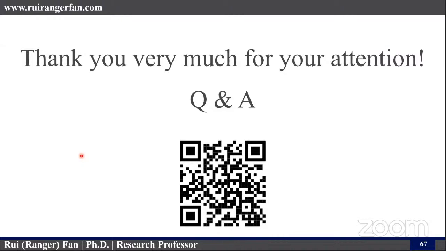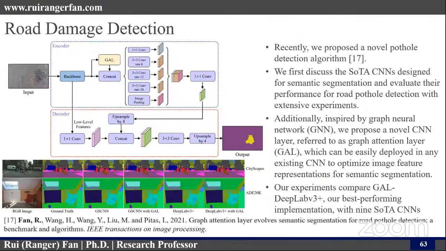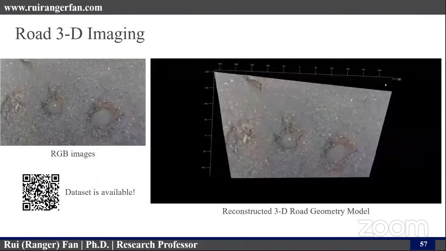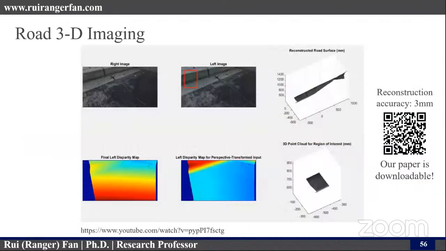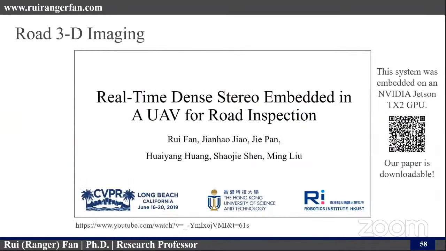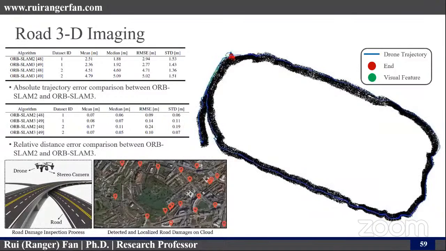Yeah, please. So I'm interested in better understanding the formulation of road condition assessment. You capture images by drone, and the images are taken above the road, or it's like from the vehicle.